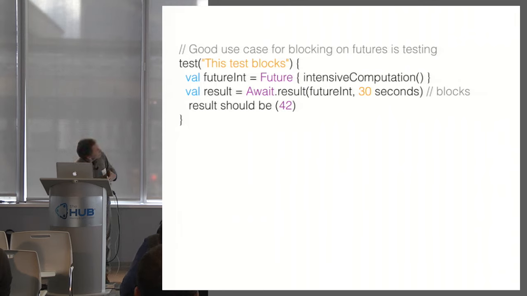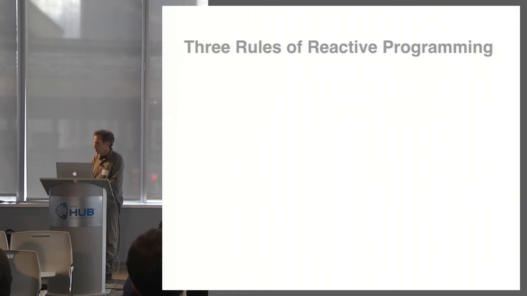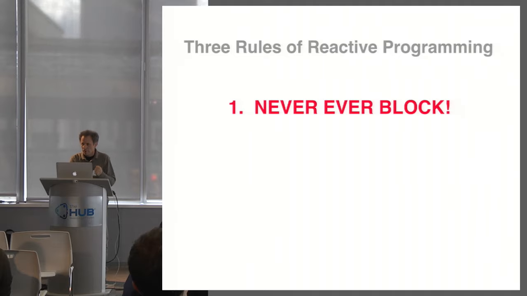So this is an example of a test where I've grabbed a future. I've got a future int, and I block on it until that int comes back, and then I perform an assertion. So it's kind of like the 3 rules of reactive programming are: rule number 1 is never ever block.